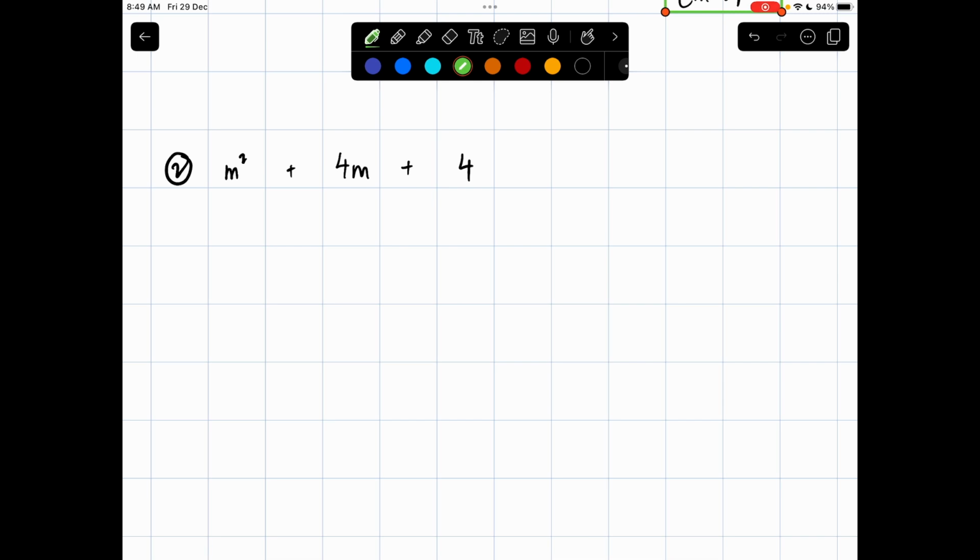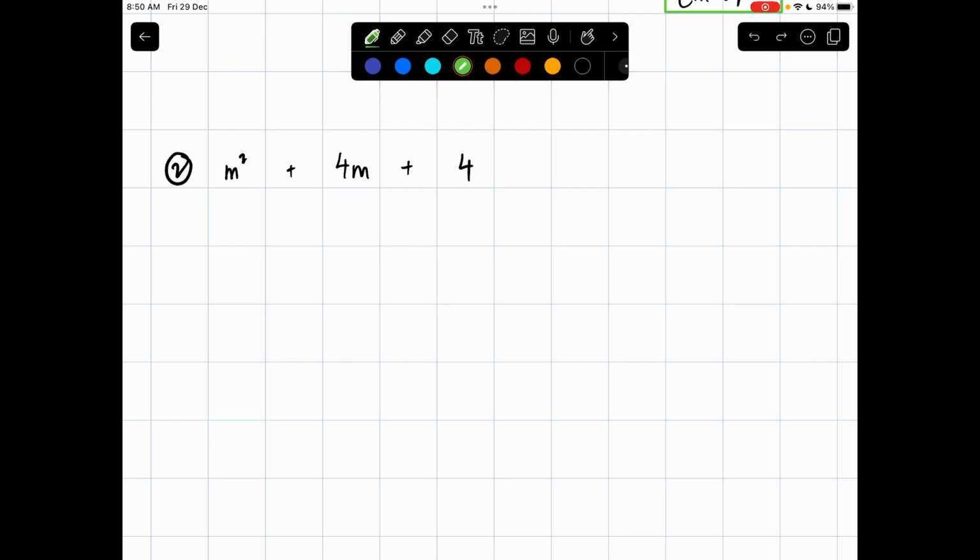And the interesting thing is you can't use the first method that we used earlier, because there is no common factor in all of them. If you take m squared, m and 4, there are no similarities, because you can't take out m because the last term doesn't have m, and you can't take out 4 because the first term doesn't have 4.